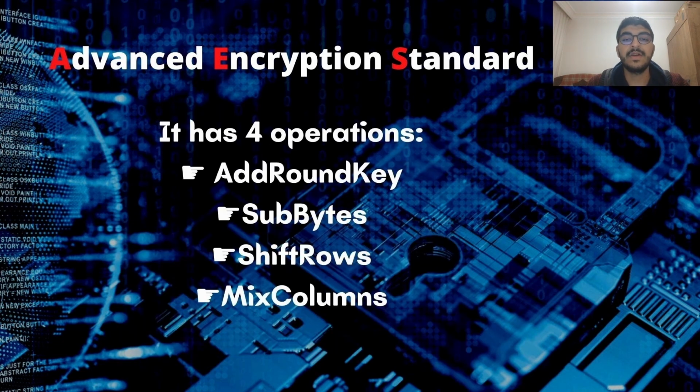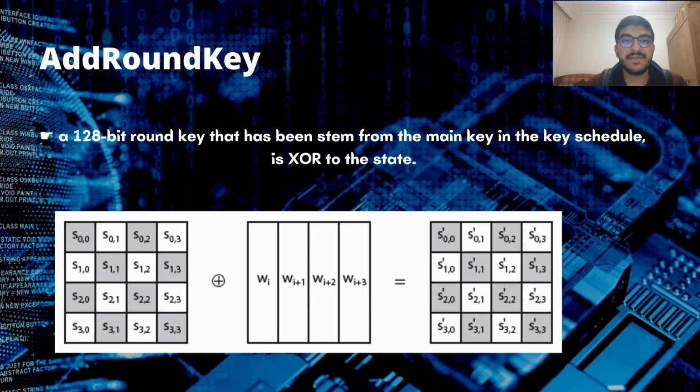The algorithm contains 4 steps per round, and they are called add round key, substitution bytes, shift rows, and mix columns consecutively. In the add round key step, a 128-bit round key that has been derived from the main key schedule is XORed with the state, which means we are applying XOR operations on hexadecimal numbers.